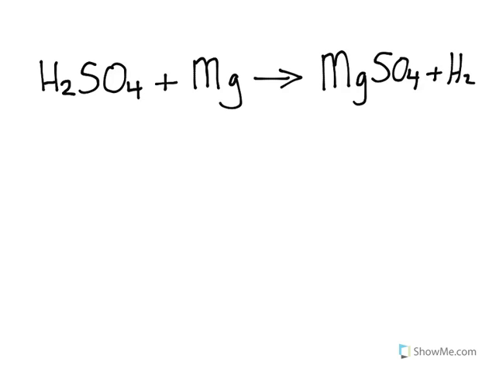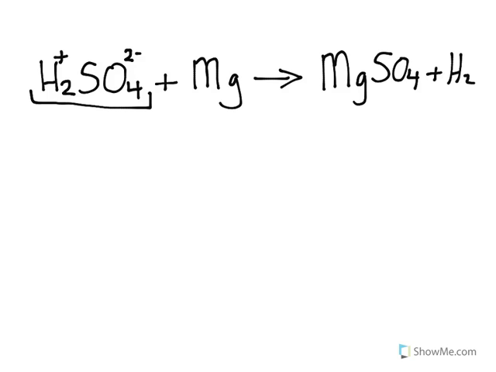I know that the sulfate ion must have a valency of 2-, because I have 2 hydrogen atoms and each one has 1 plus. And for this chemical to balance, I must need 2 hydrogens giving me 2 plus and the sulfate giving me 2 minus. So I know that this equation must be correct.